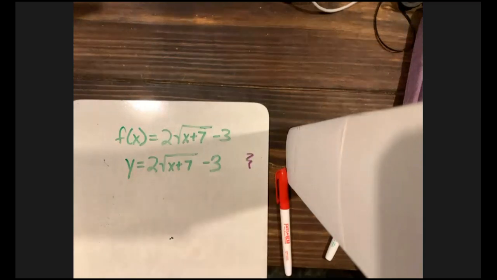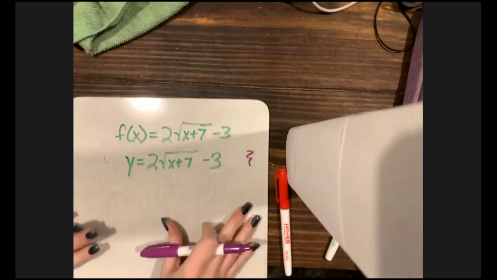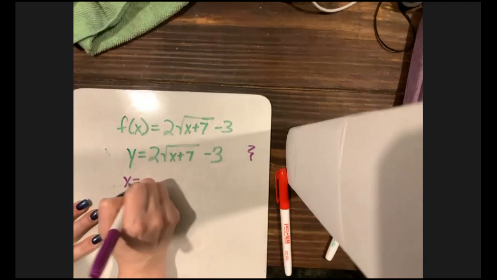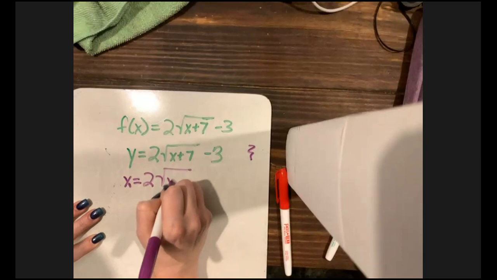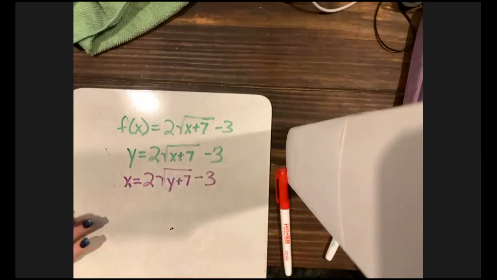Trying to find a little bit darker color so that you can see a nice contrast here. Now, next thing is we're going to switch x's and y's, and that is literal. If it was an x, turn it into a y. If it was y, turn it into an x.